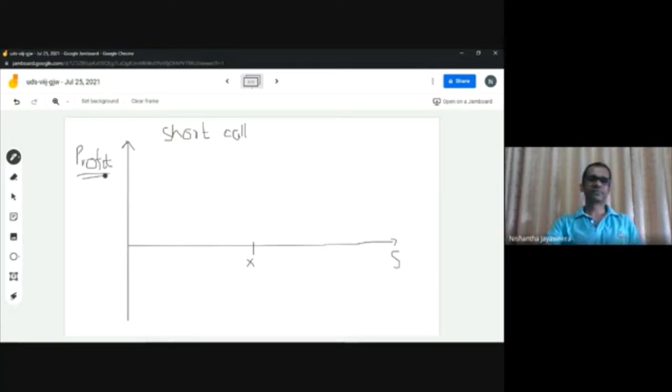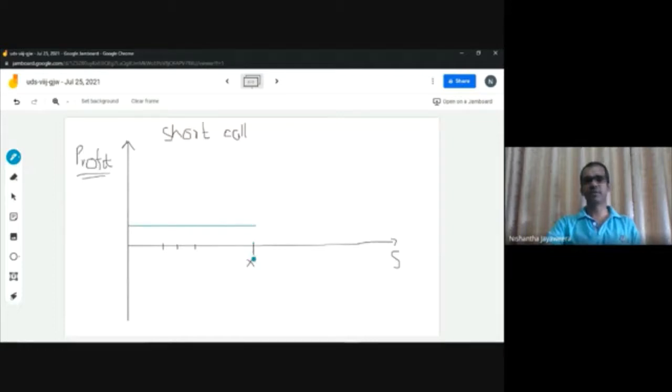Okay, assume the price is somewhere here. What would be the action of the option buyer? They will not exercise. So what is your profit? Premium. You collect the premium. So you make a profit equal to the premium until this point.